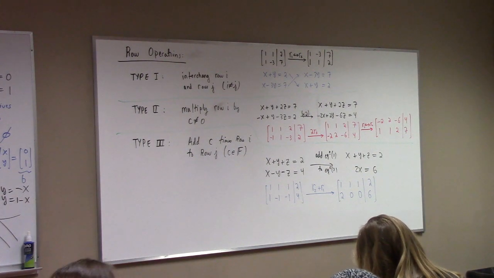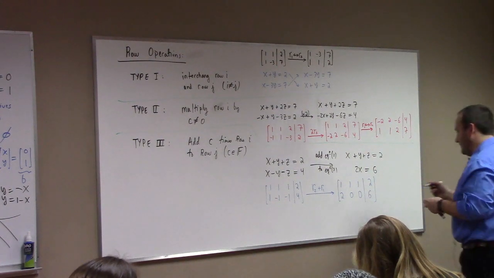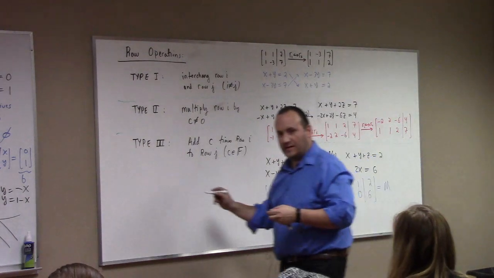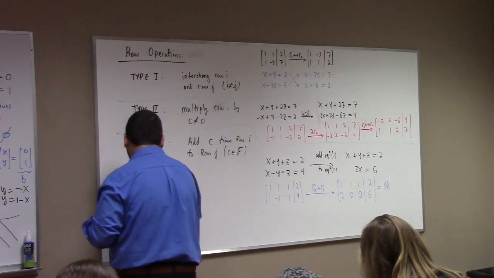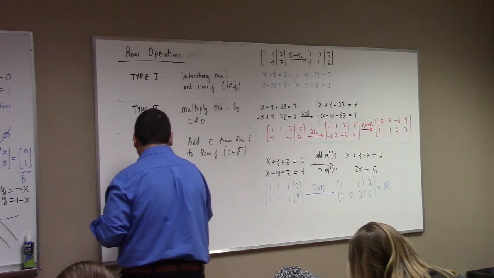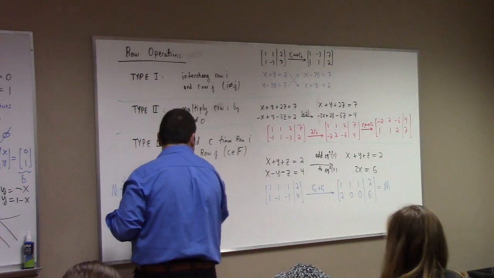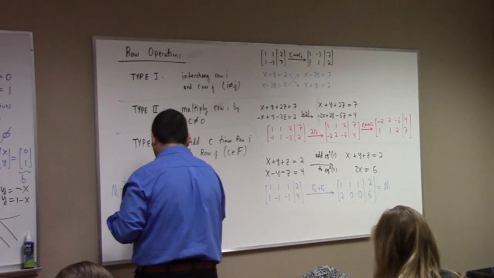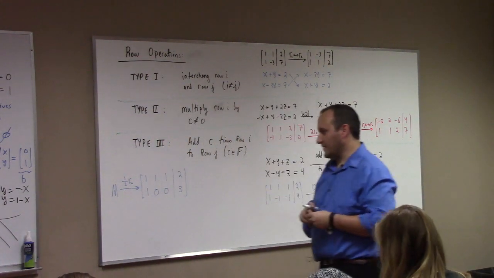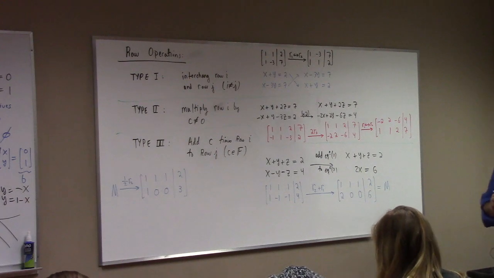Hey, while we're at it, let me call this thing M. All right, so take M and take 1/2 row 2. What do you get? Right? I get that matrix.